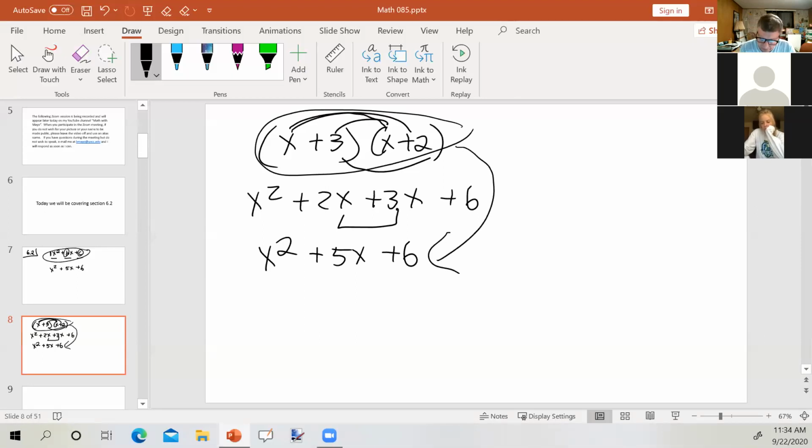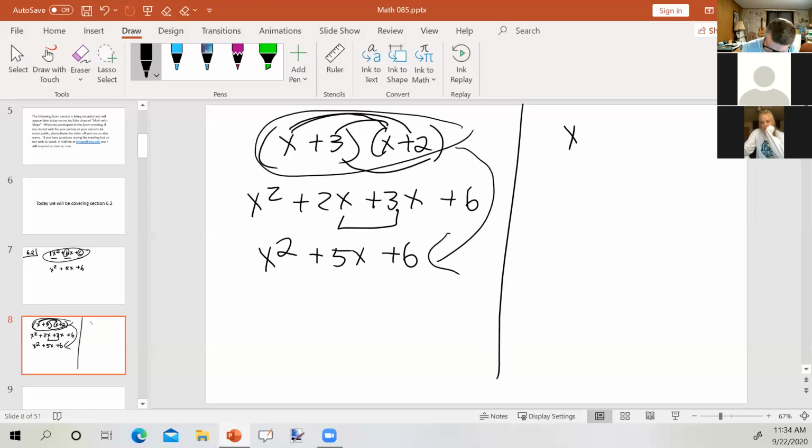What we're going to do here today is go the other direction. We're going to start with a trinomial and pull it apart into two different binomial factors. Well, let's look at the mechanics of this problem and see what we can discover.